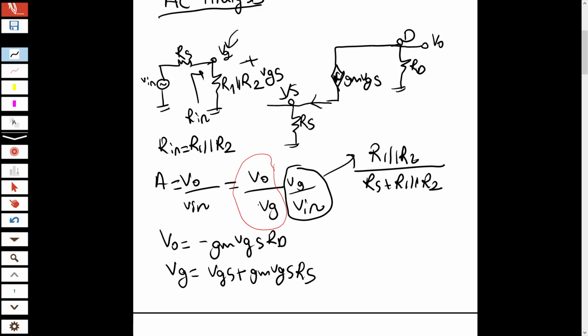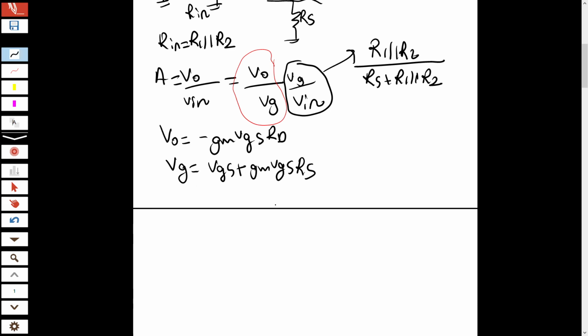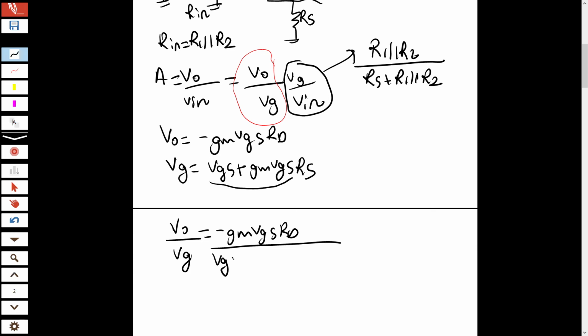I will now take parentheses: V output over V gate equals minus gm VGS RD, and here I will take VGS in parentheses. It is 1 plus gm RS. So VGS will be cancelled.